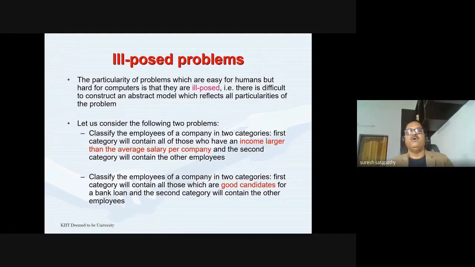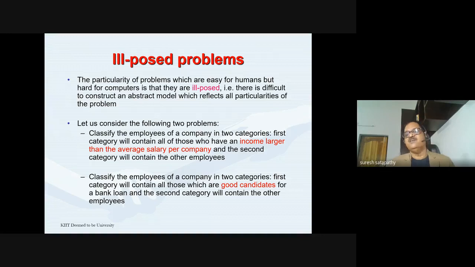But if you want to classify, in a bank, two categories: one is the good candidates for a bank loan, and the second category contains the other employees who cannot be given a bank loan. This is definitely a kind of ill posed problem.